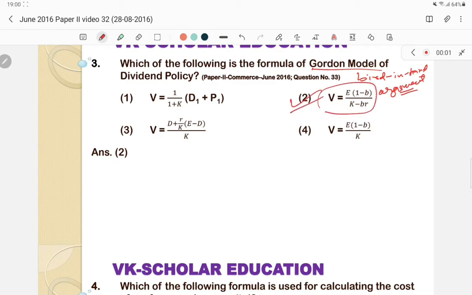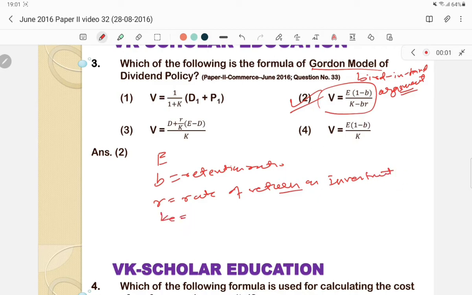Okay, so in this formula, E stands for earning per share of the firm. B stands for retention ratio, okay. R stands for rate of return on investment.